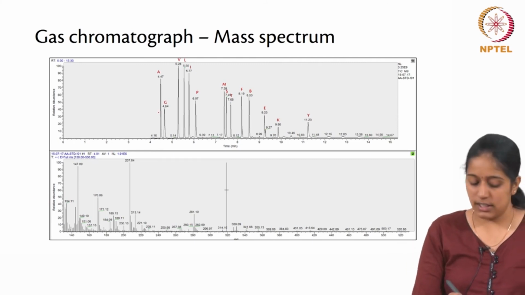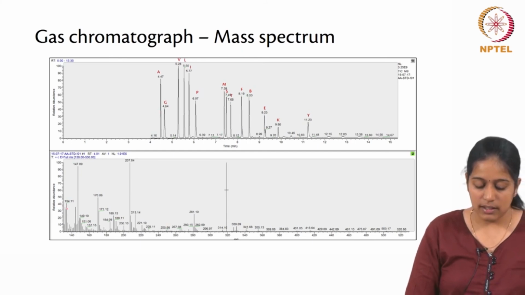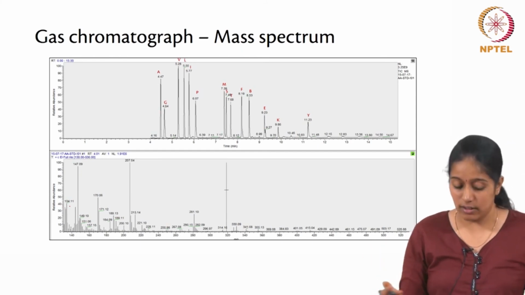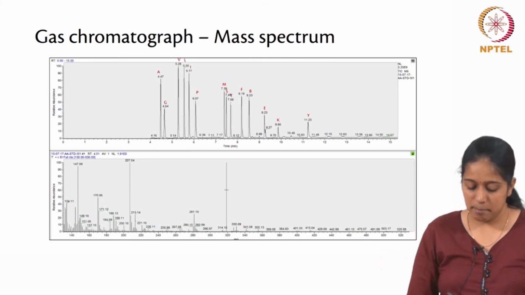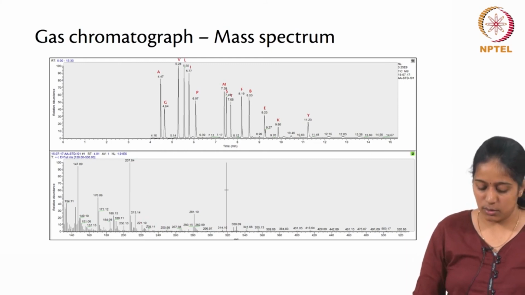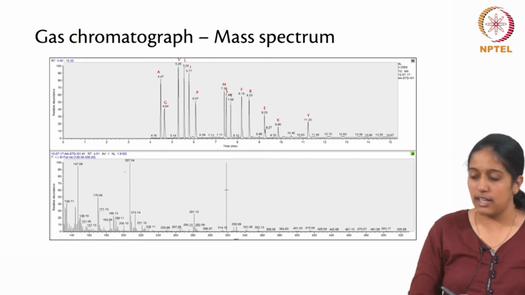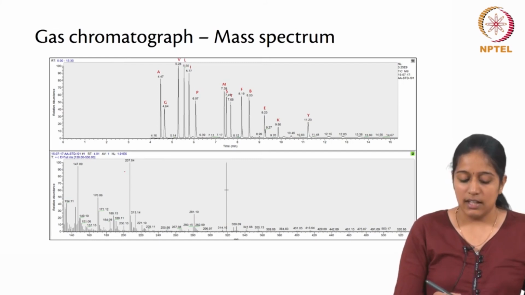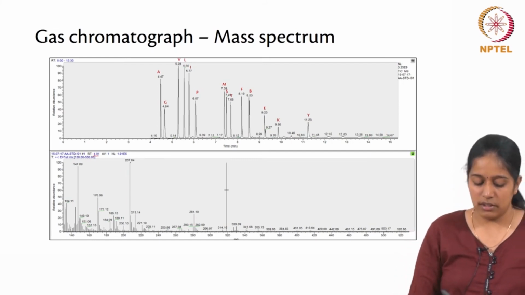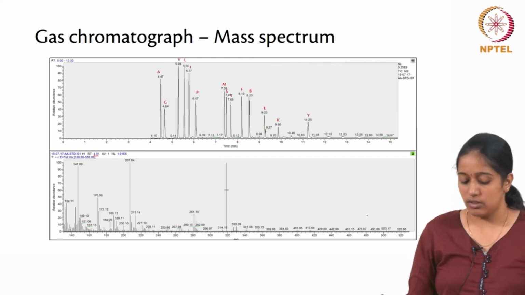For every retention time, you calculate the masses of the different ions that get eluted. Here you can find 207, 213, 221, at different relative abundances, at every elution time. Here the time is 4.01.